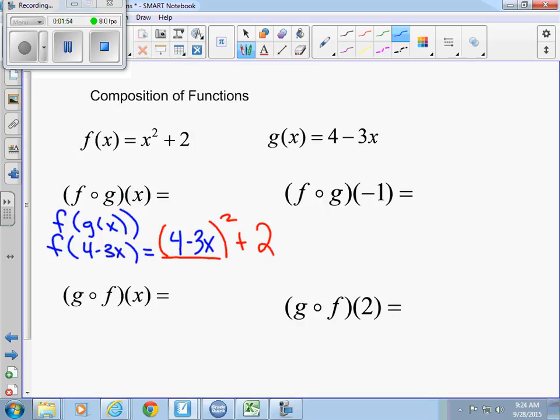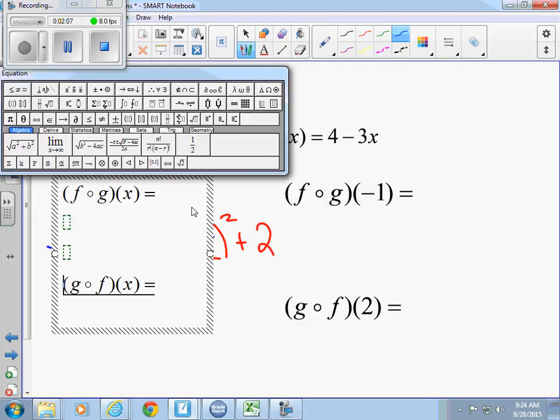A square means multiplying whatever is squared by itself. You cannot just square everything in the parentheses. It doesn't work that way. Again, one of the most common mistakes in math classes from Algebra 1 up.